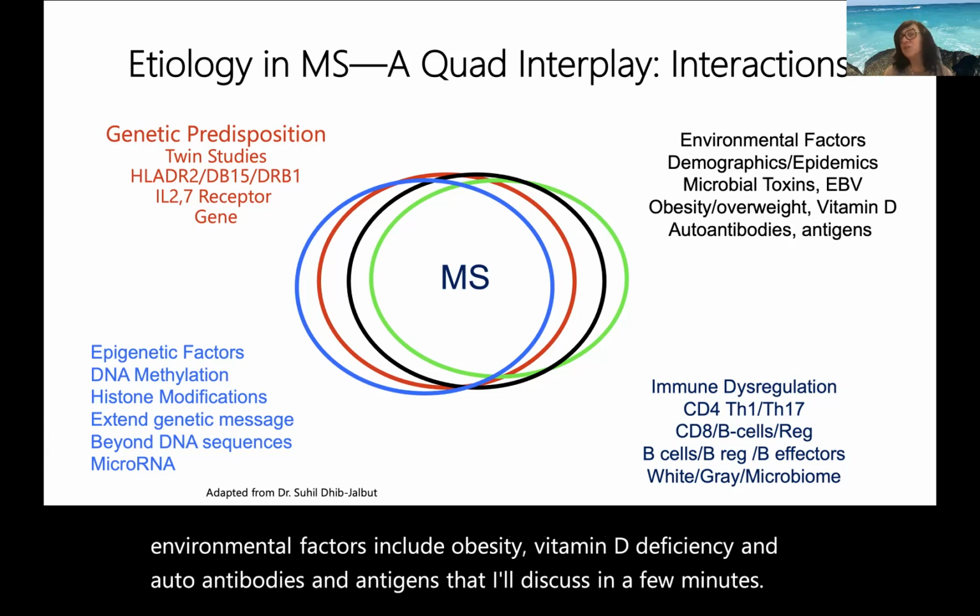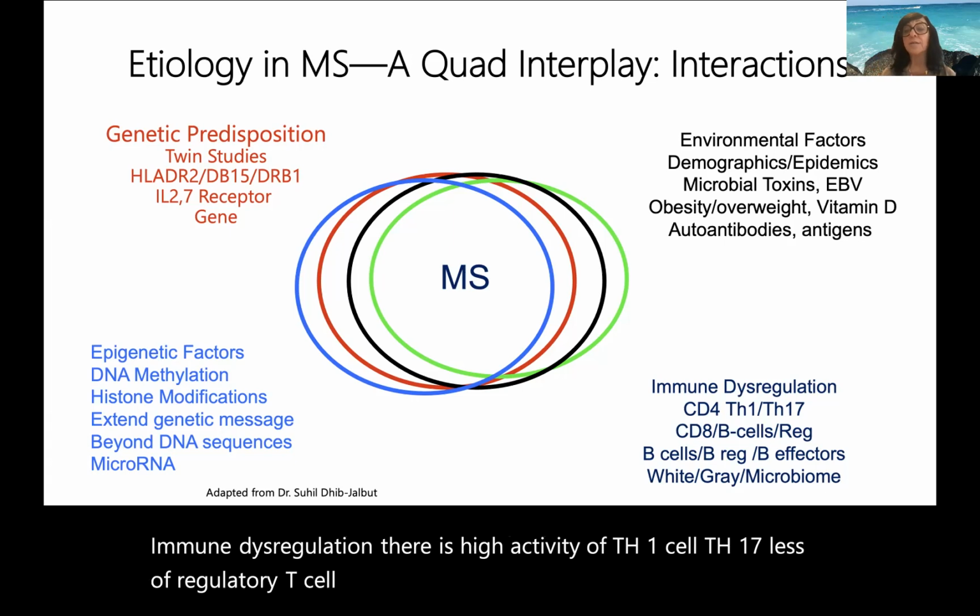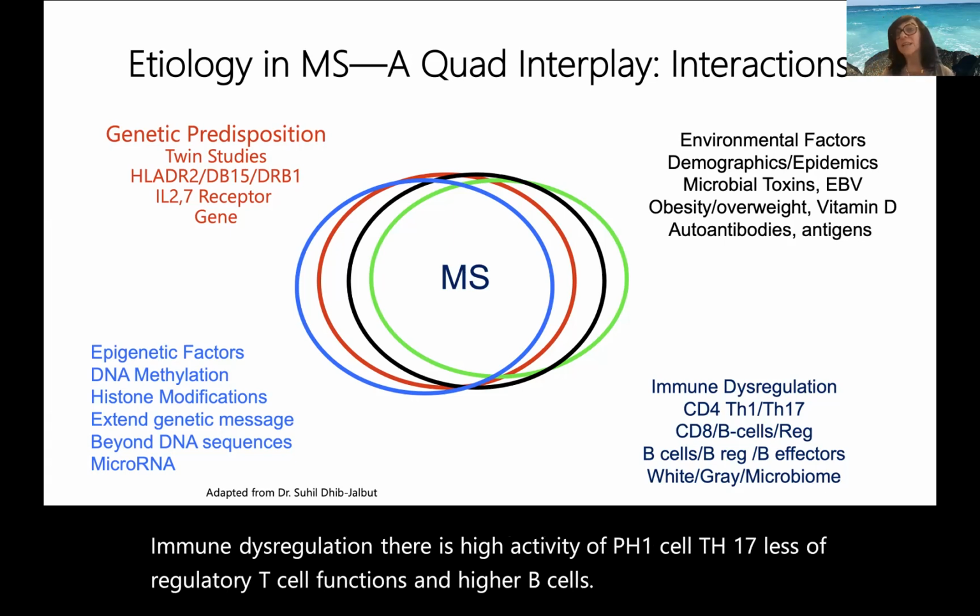For immune dysregulation, there is high activity of Th1 cells, Th17s, less regulatory T cell function, and higher B cell function that leads to the disease.